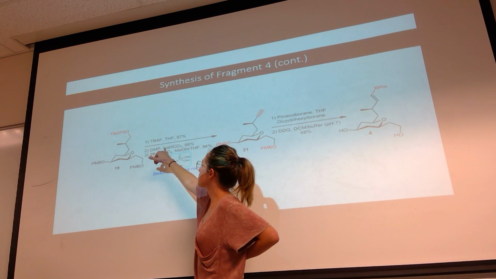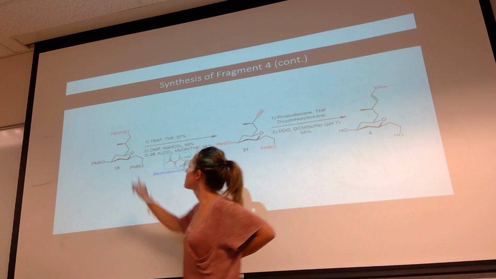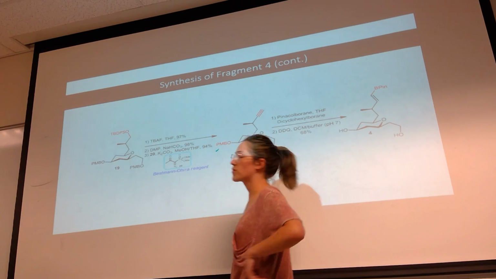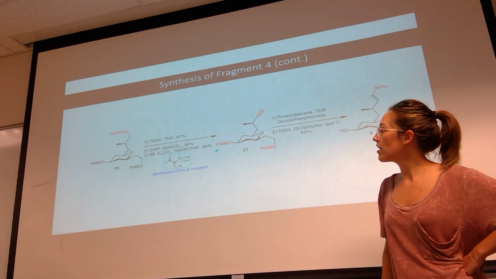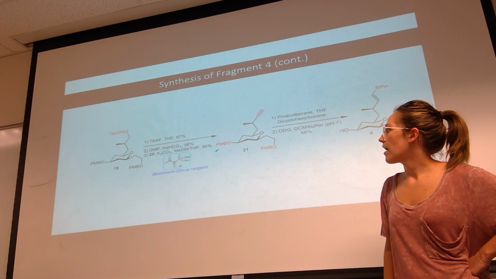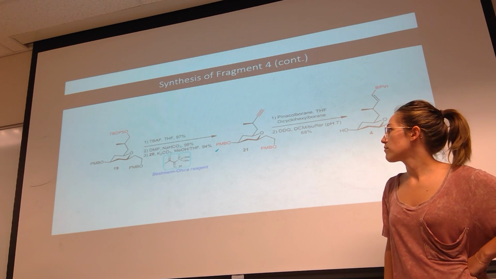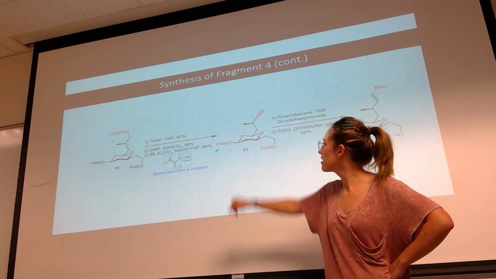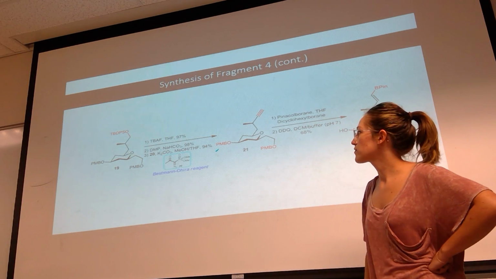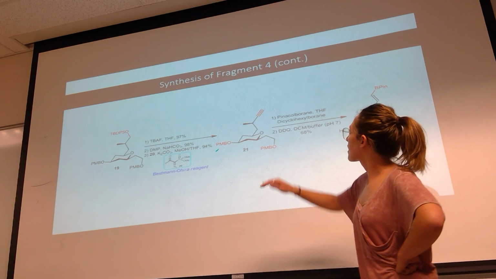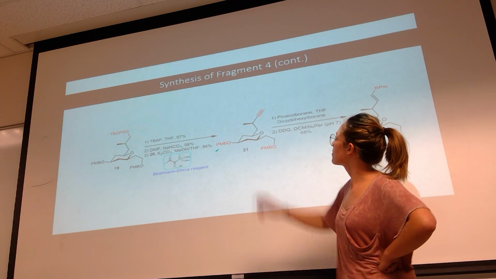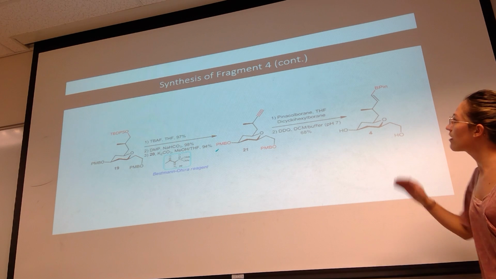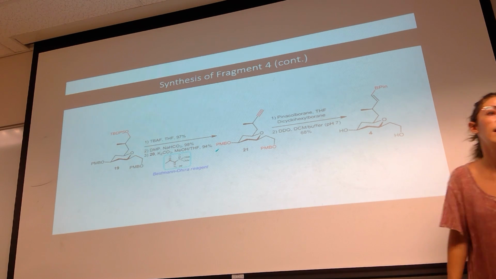First is going to be the deprotection with TAF, and then Dess-Martin oxidation is going to form an aldehyde on that oxygen, and then potassium carbonate with this Bestmann-Ohira reagent is going to react with that aldehyde and pull off oxygen for that alkyne.